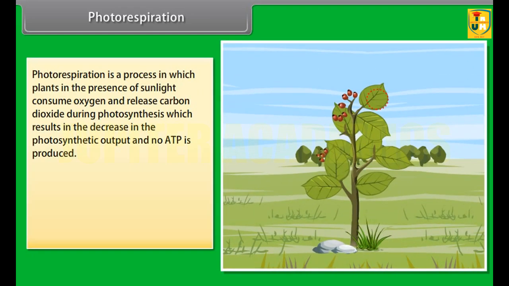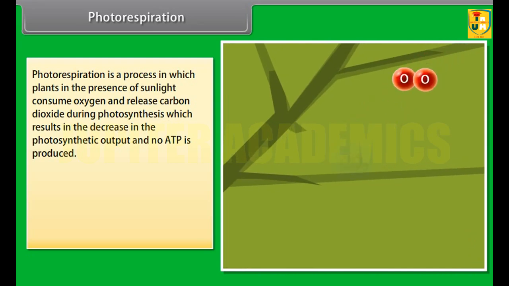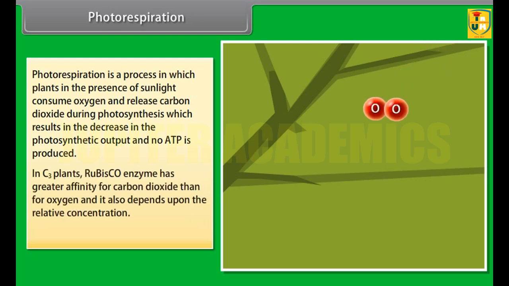Photorespiration is a process in which plants, in the presence of sunlight, consume oxygen and release carbon dioxide during photosynthesis, which results in the decrease of photosynthetic output and no ATP is produced. In C3 plants, the Rubisco enzyme has greater affinity for carbon dioxide than for oxygen, and it also depends upon the relative concentration.